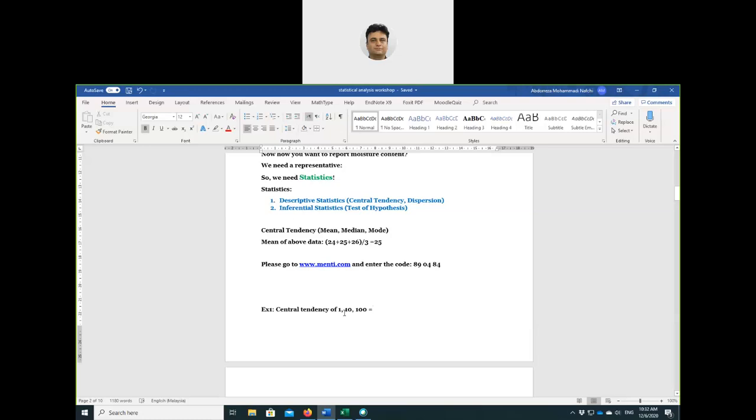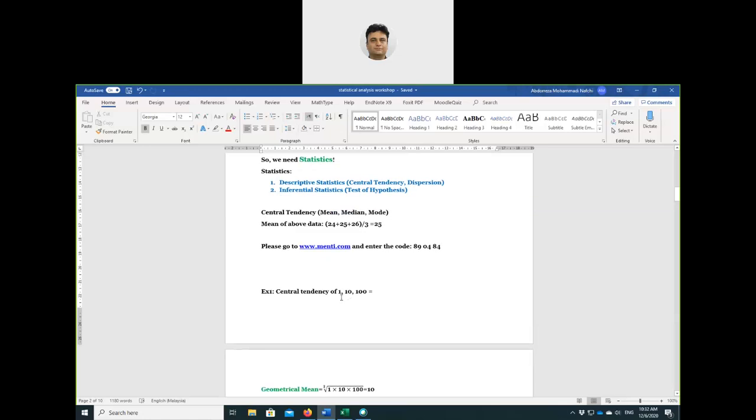But when your data comes from different types of measurement, like microbiological data, and it's not changing by one small interval but by multiplying by a number, you need to use another type of mean.